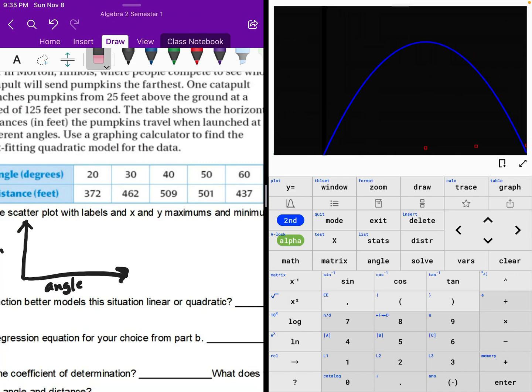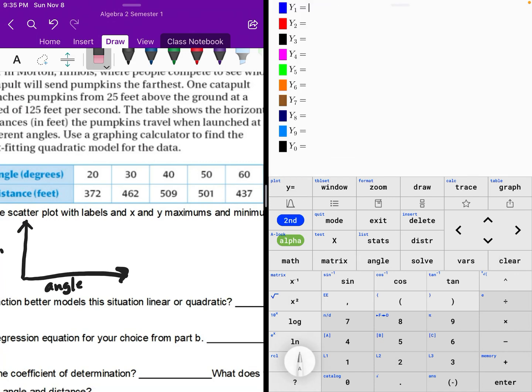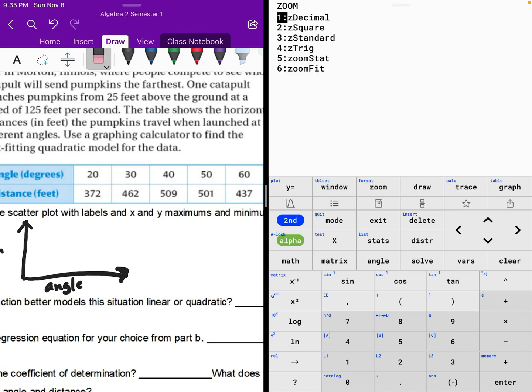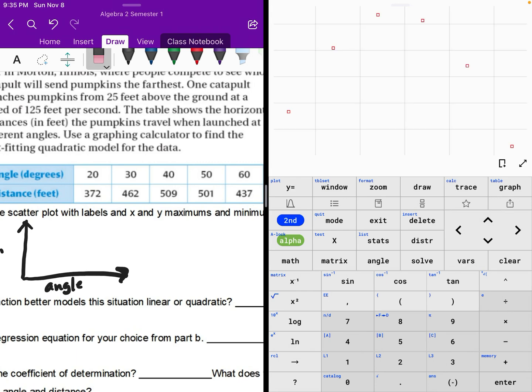Now, let me clear some stuff here. I got an equation in there. Then let's go ahead and hit graph now. You're not going to see it right away because remember, we need to hit zoom stat. If you're using a TI-84, it was zoom 9. On the iPad, it is zoom 5. So there's our scatter plot.